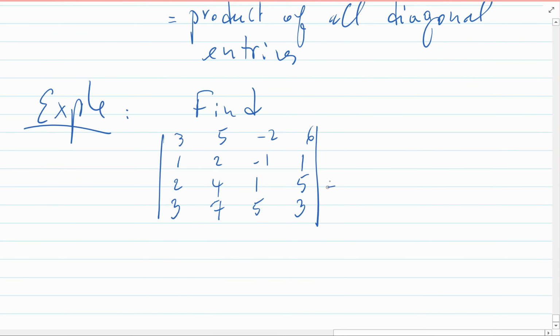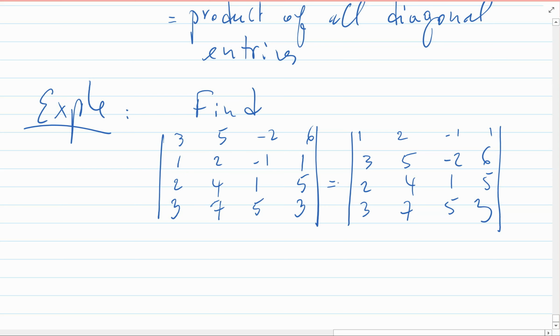So first, let us use 1 as the leading coefficient. So let me interchange the first row with the second row. Here we will get 1, 2, minus 1, 1, 3, 5, minus 2, 6, 2, 4, 1, 5, 3, 7, 5, 3, and this will be a minus because I interchanged two rows.